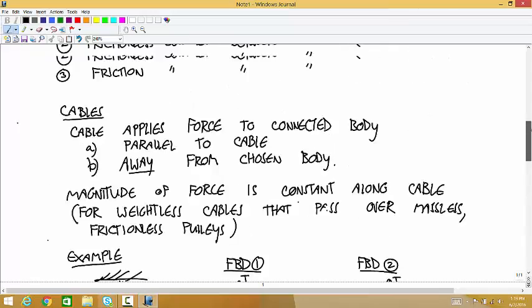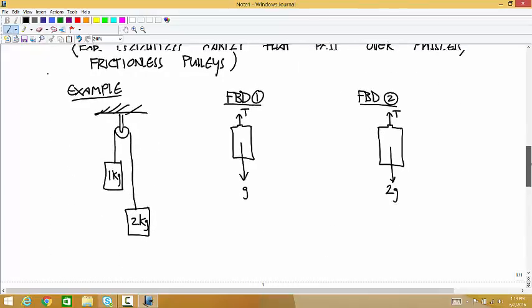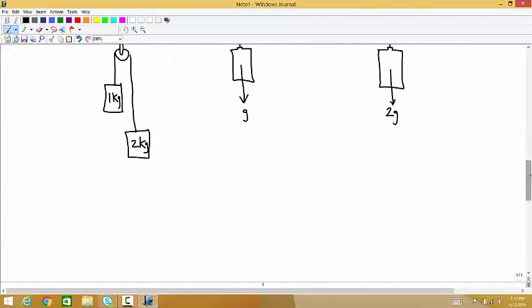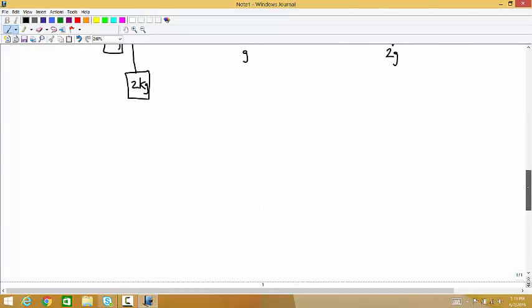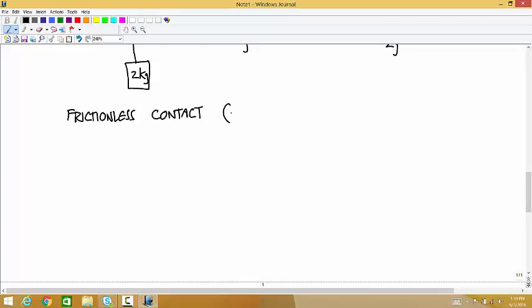Okay, the next type is frictionless contact. This is what you use for any things that are pushing against each other.